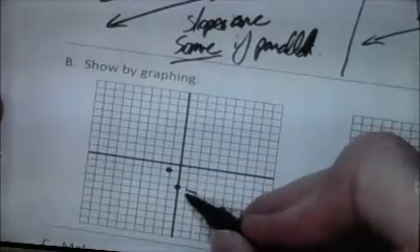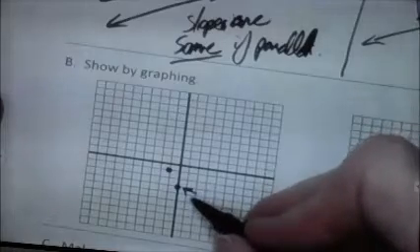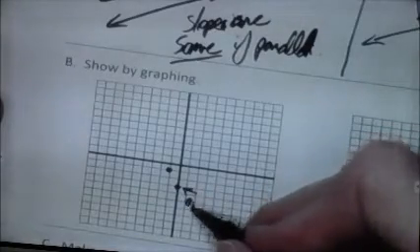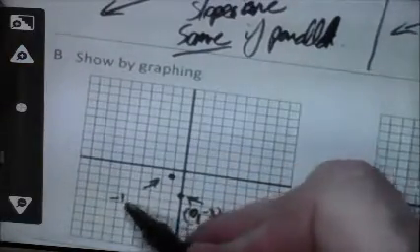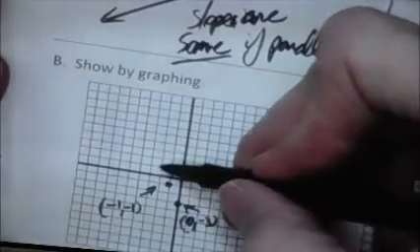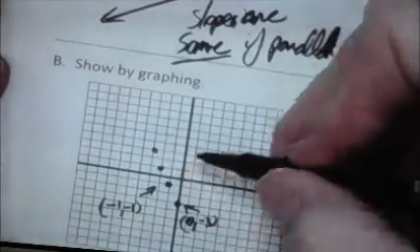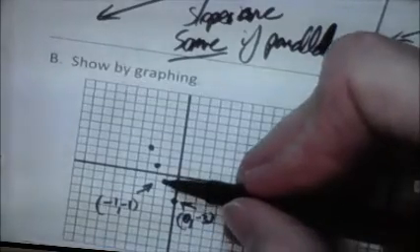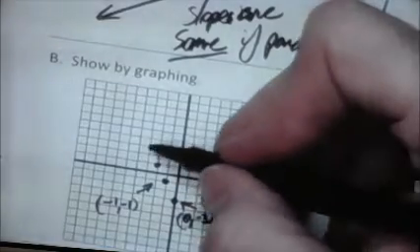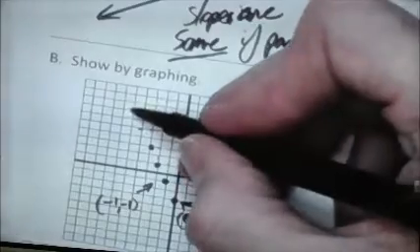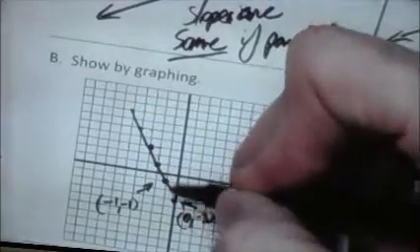So this point is 0, -3. And that point is at -1, -1. And notice what I'm doing is going up 2 and over 1, up 2 and over 1, up 2 and over 1, up 2 and over 1, up 2 and over 1. You get the idea.